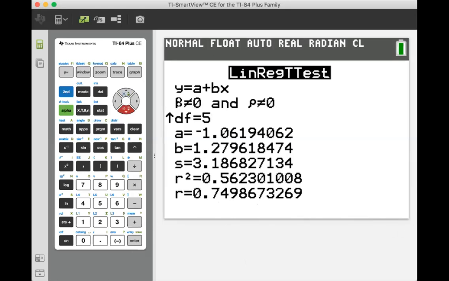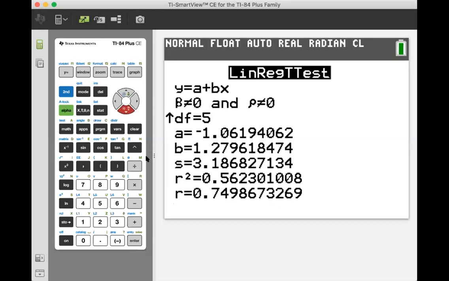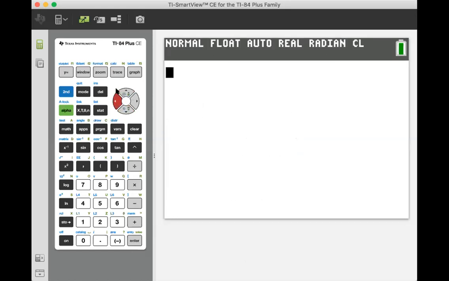And just for the heck of it, I'll write down 4 decimal places here. R equals 0.7499. Those are the important things that you need to know out of the results of the LinRegTTest.